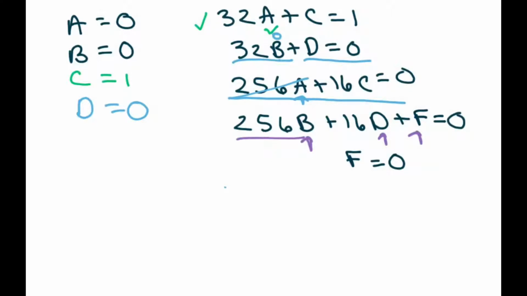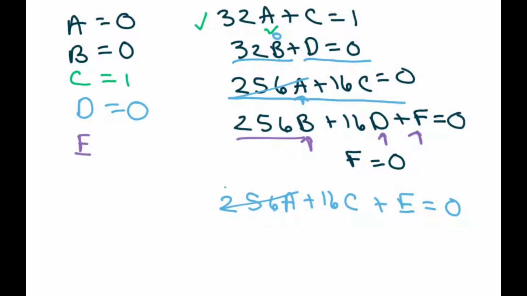So we got d, e. Where's my e? So basically the e, I didn't do that one. Okay, so your e is 256a plus 16c plus e equals 0. So when you plug in a, you get 0, so that knocks that out.